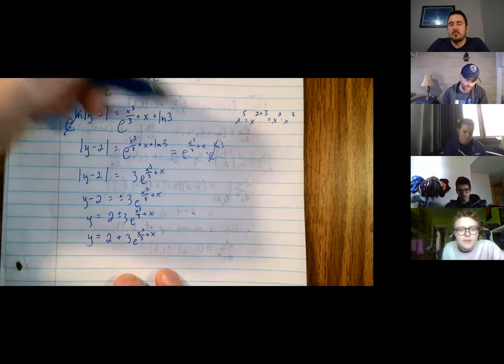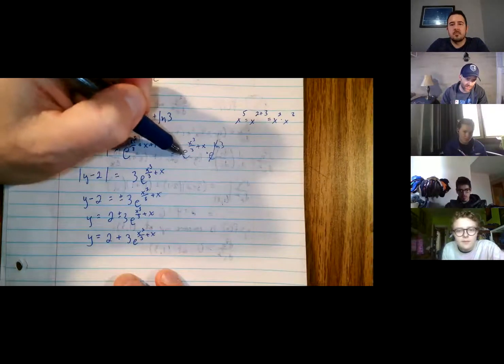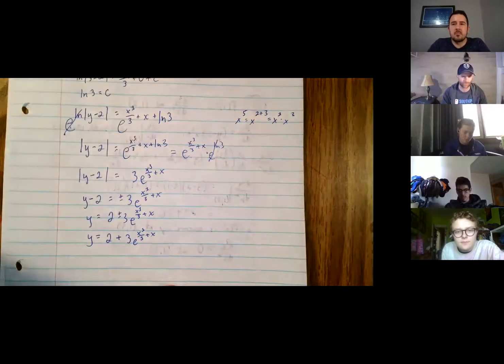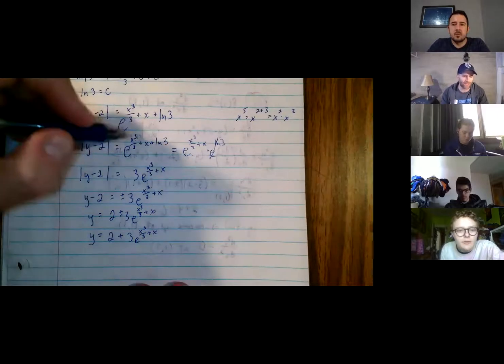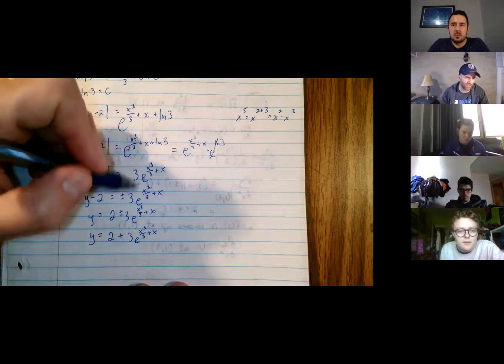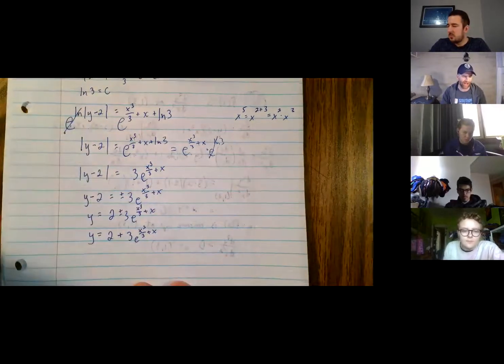Why do I do that? Because when I have these two things multiplied with the same base, I would add their powers together. Oh, I see. It's technically not necessary, but it's a little easier to see how this ends up being 5.